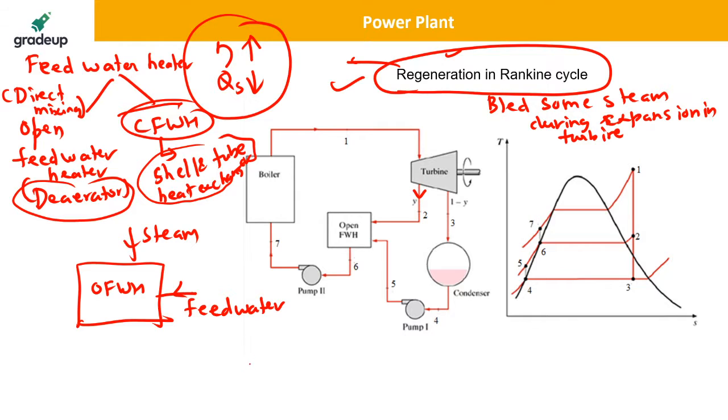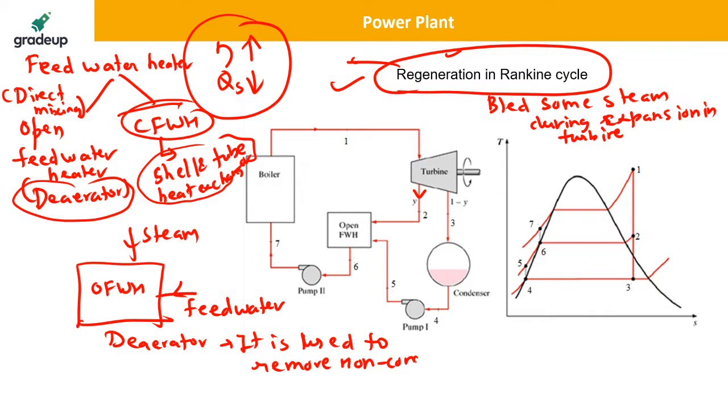Okay, so why is it called a deaerator? Because it is used to remove non-condensable gases from the feed water. The feed water contains some gases which do not get condensed in the condenser.